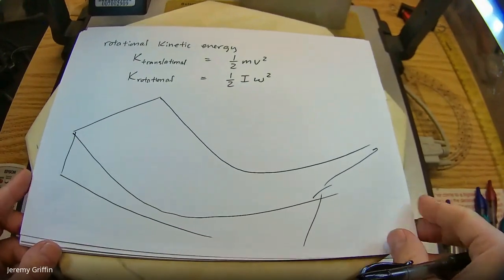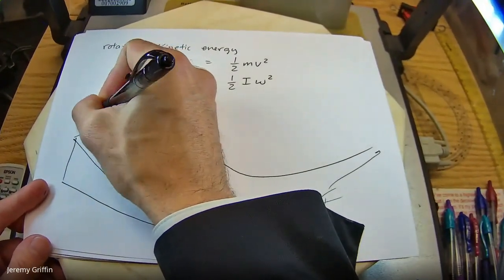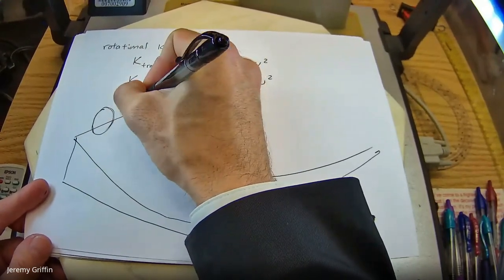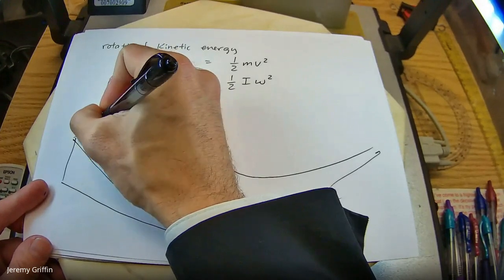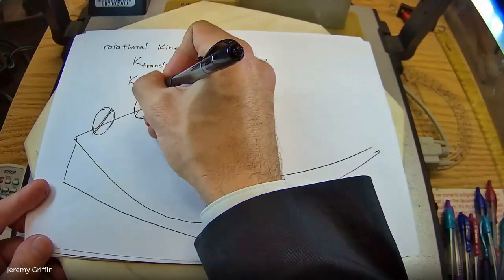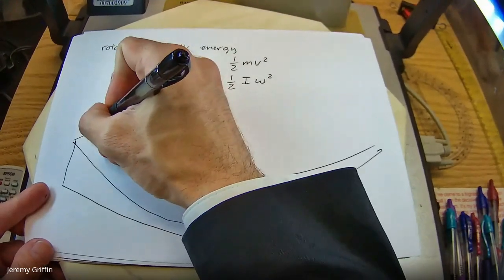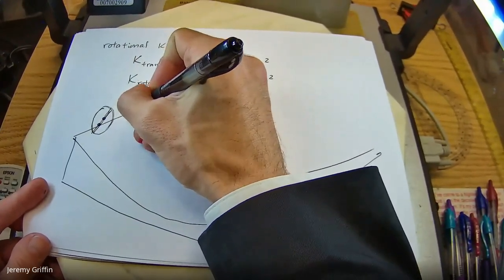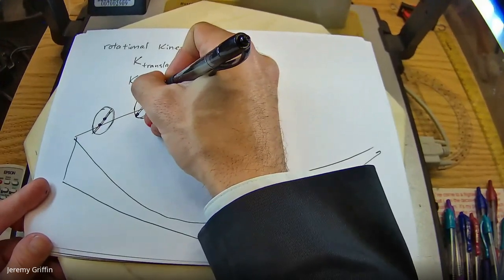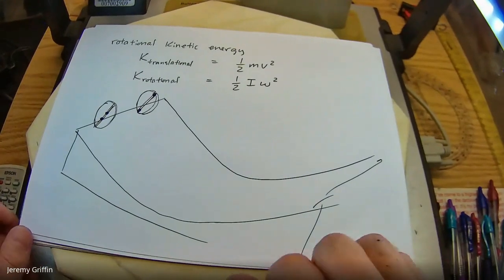I'm going to fix two hula hoops to a couple of meter sticks. And on these meter sticks, I'm going to tape some masses. On the one on the left, I'm going to tape these pretty close to the center. On the one on the right, I'm going to tape these pretty close to the ends. These are the two meter sticks I just passed around in class. You guys felt those?